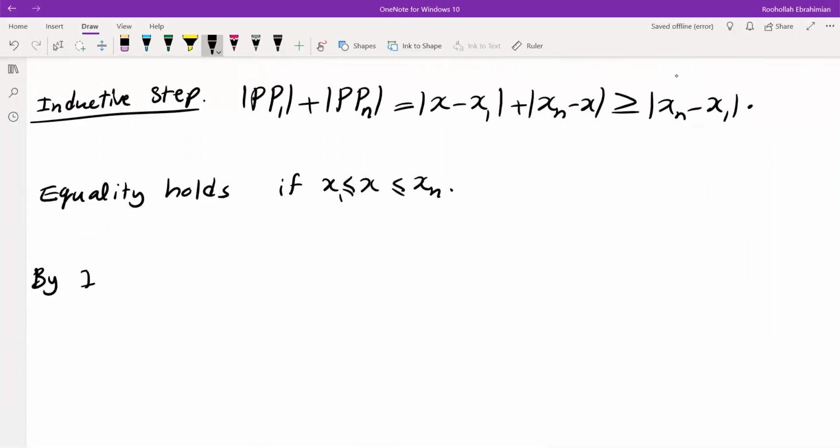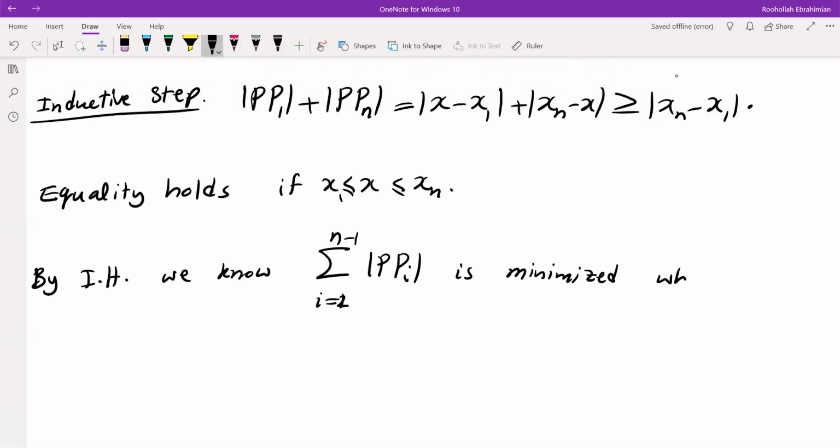Now, by inductive hypothesis, we know the sum of PPi, i equals 2 to n minus 1, is minimized when P is at x sub floor of, so we have n minus 2 numbers, so it's (n minus 2 plus 1) over 2.